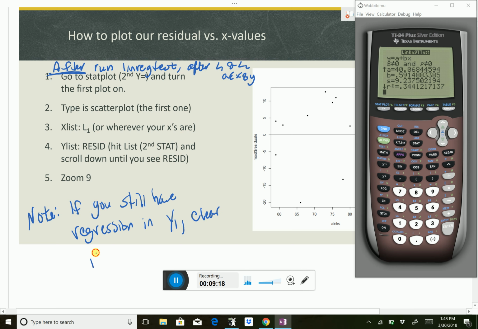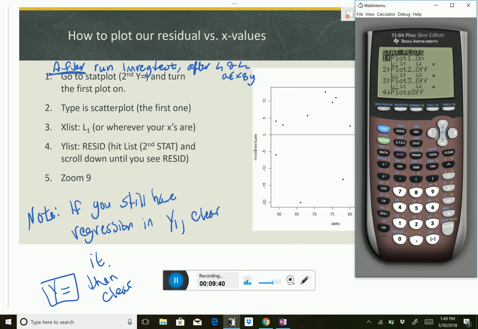We'll just clear it, okay? So you do that by hitting Y equals, no second, just hit Y equals, and clear. Okay, that's going to make your life easy. Then you don't have to worry about it.